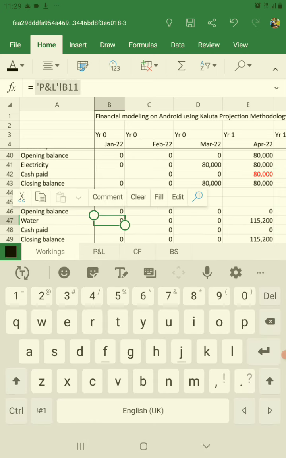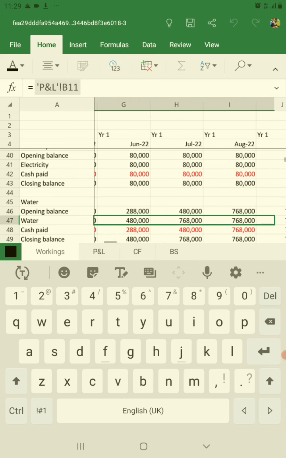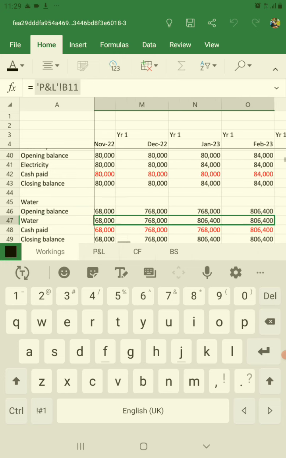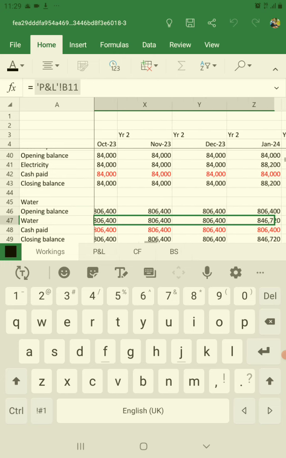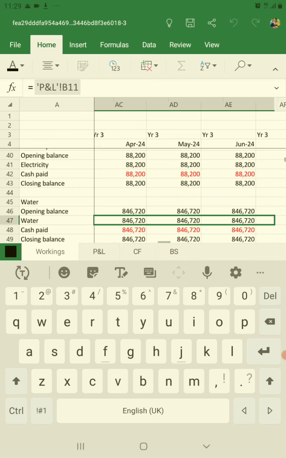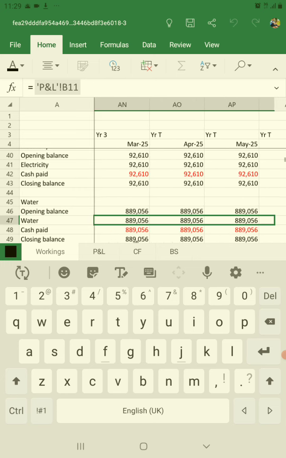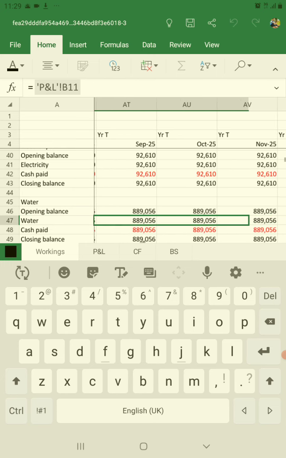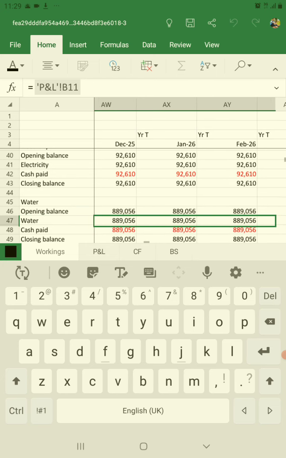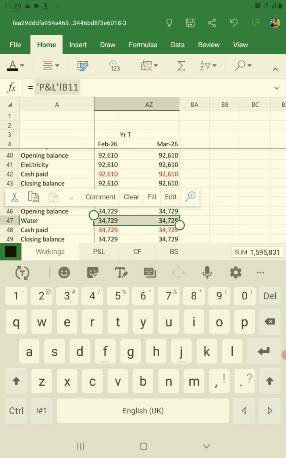So we take our figures in profit and loss, and I just fill this now. Once I'm done with filling this line item, the rest of the computations will be automatically reflected, because the rest of the cells are populated with formulas from the electricity component above.